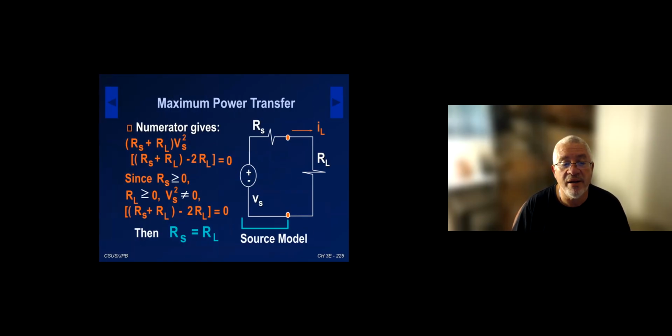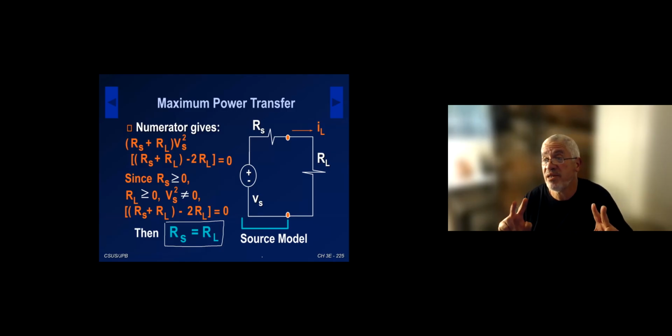Since in real life RS is not 0 and RL is not 0, this situation occurs when RS is equal to RL. That's a fundamental response here. Under the best circumstance, half of the power that the source puts out is dissipated by itself, and half is sent to a paying customer.